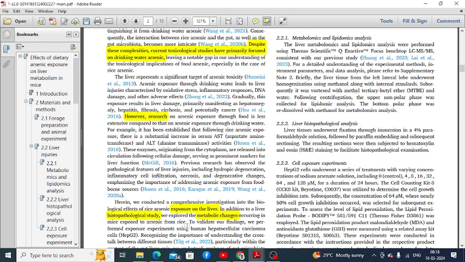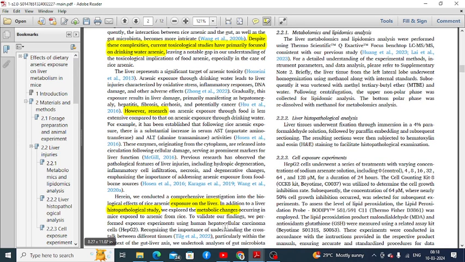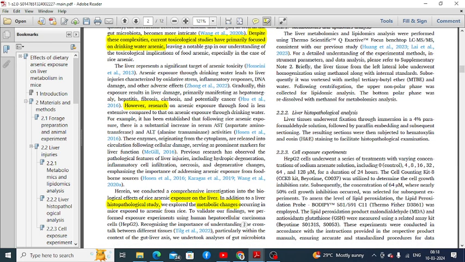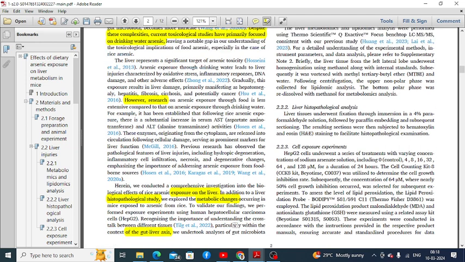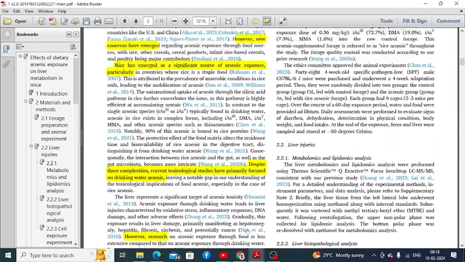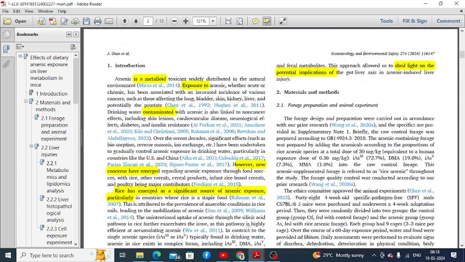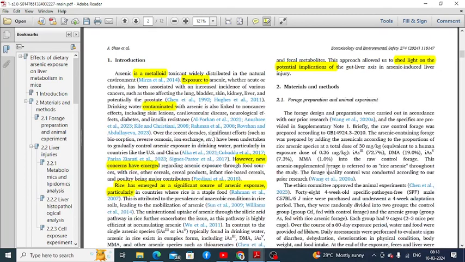And next, they also explored the gut and liver axis. So within the gut and liver axis, these are the new things they focused on in this work.